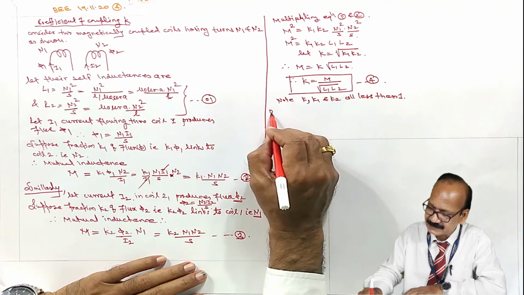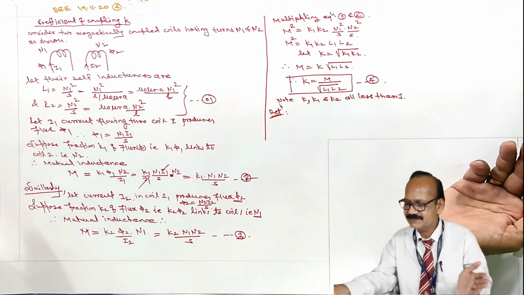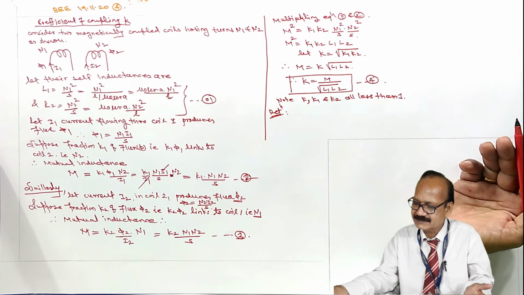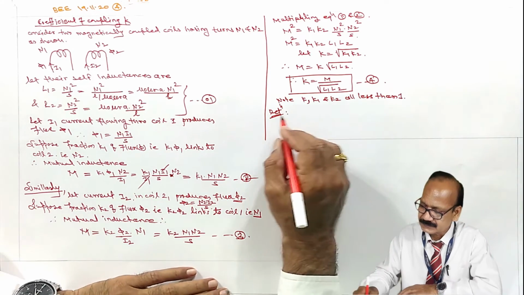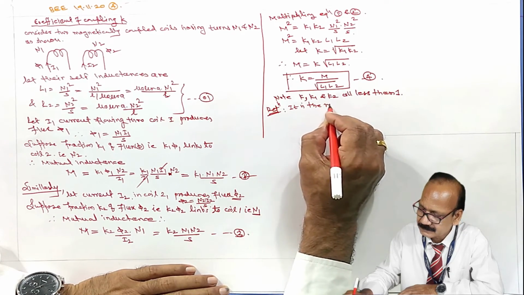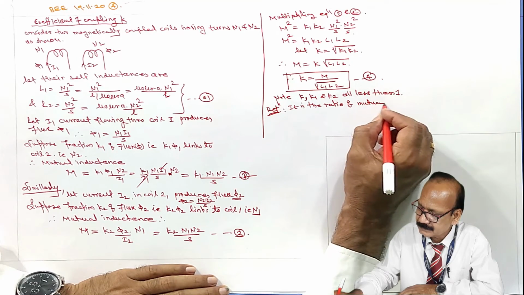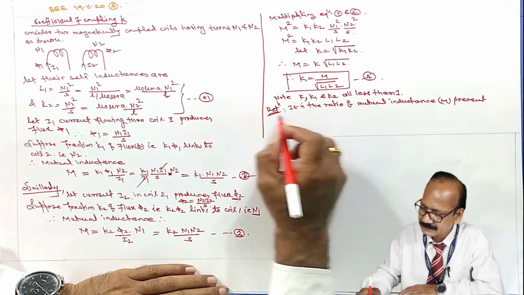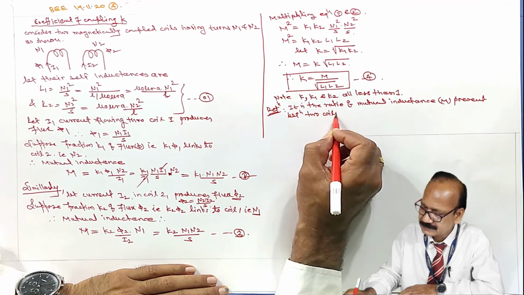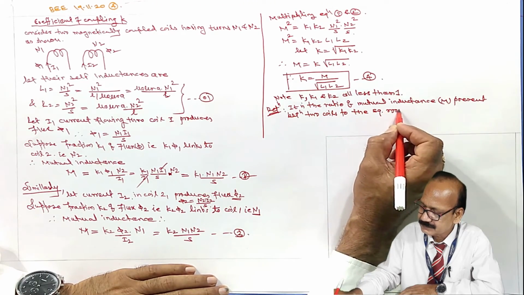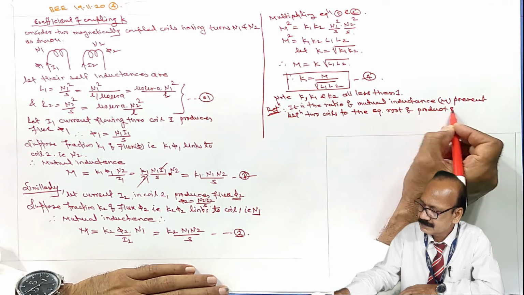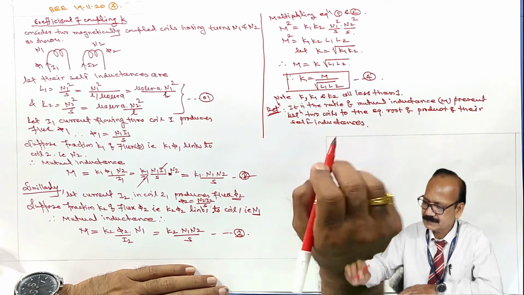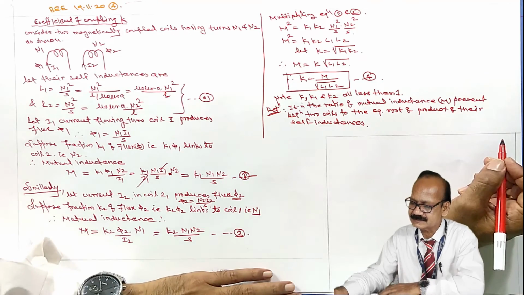Thus the coefficient of coupling can be defined as the ratio of mutual inductance present between the two magnetically coupled coils to the square root of product of their self-inductances.